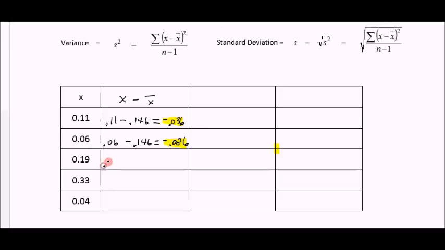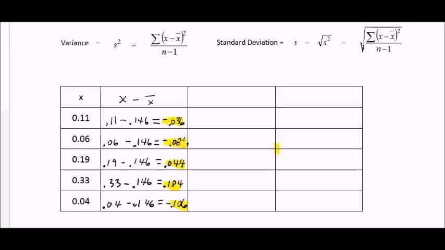Then we do this one, 0.19 minus 0.146, and that one's 0.044, and so on. Now these are what we call the deviations. This tells us how far each one of these data values deviates from the mean, from the x bar.